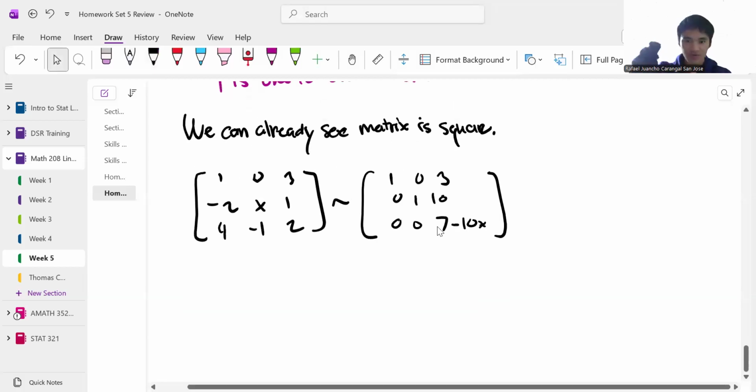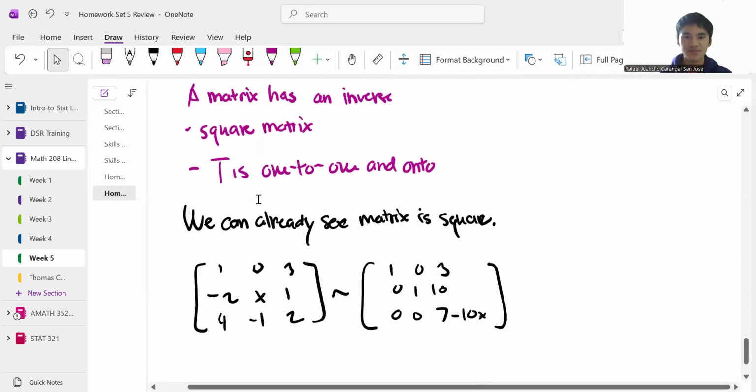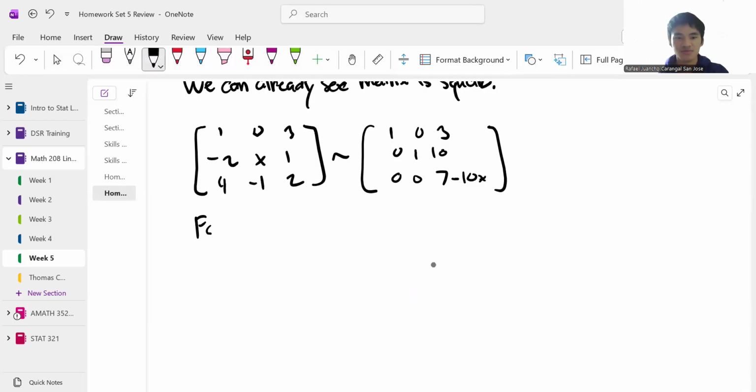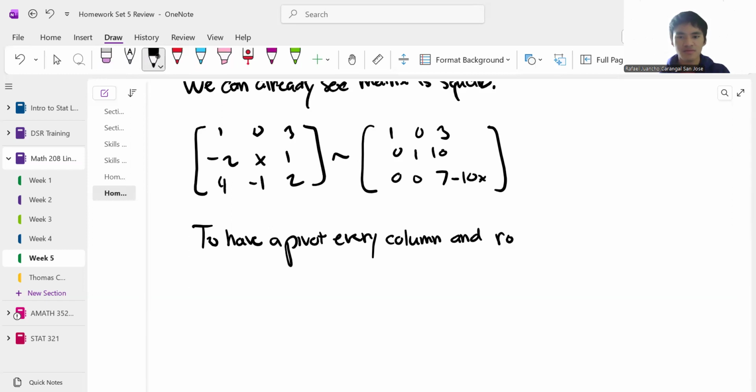So here we have it in row echelon form, right? It has to have a pivot in every row and every column so that it's one-to-one and onto, and it's square. We need this term here to not be a zero. That's it.